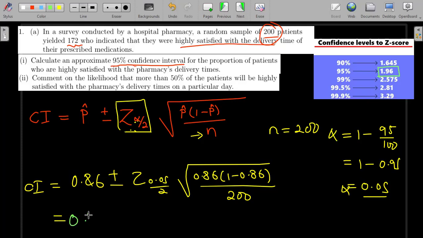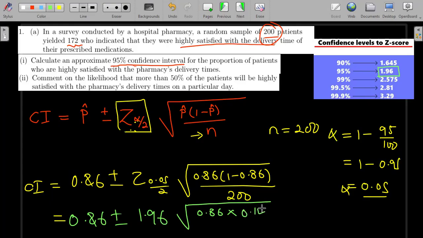So this will be 0.86 plus or minus 1.96 times the square root of 0.86 multiplied by 1 minus 0.86, which is 0.14, divided by 200. What remains is to find this value, and then add and subtract it from 0.86.